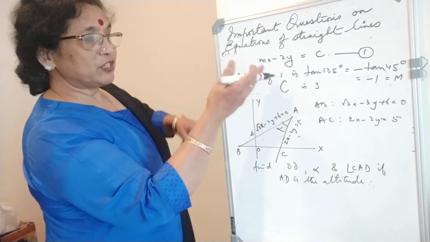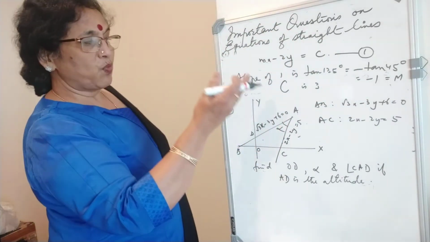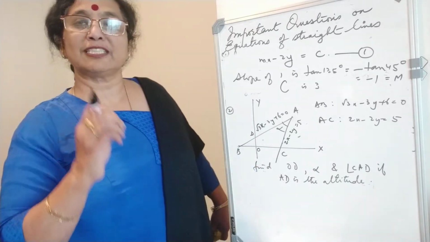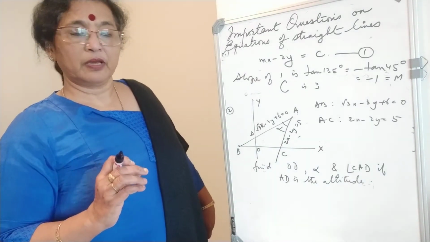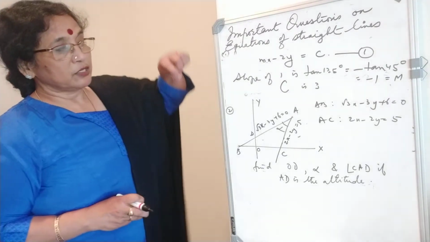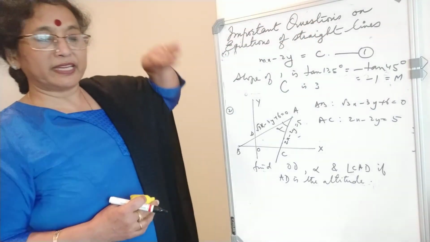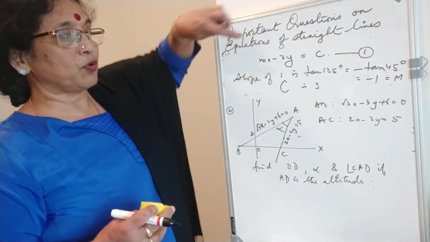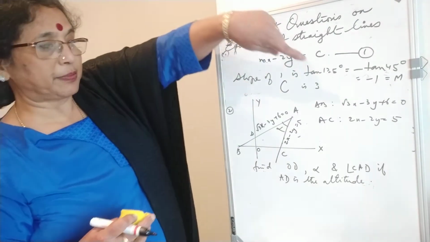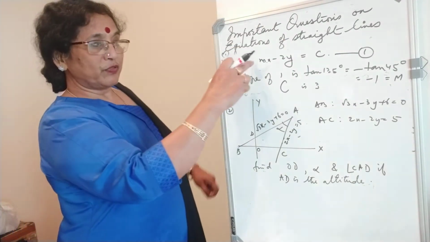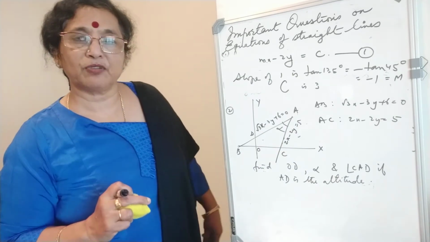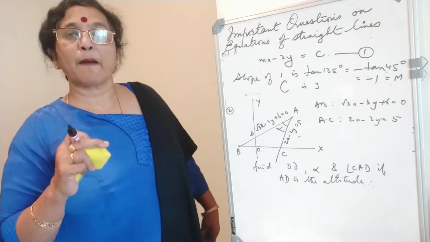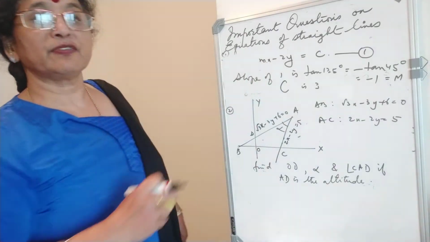So you know the line's slope is minus 1 and y-intercept is 3, so straight away y = minus x + 3. But why am I doing that? Here I got the slope of the line as minus 1, because tan 135, and the y-intercept, don't write the same c, say capital C, is 3. So the equation of the very same line, when y is made the subject of the formula, is y = minus 1 into x plus 3. But it is given in this format.